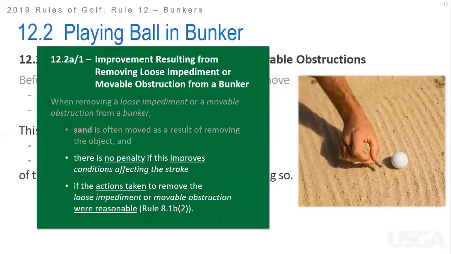Reasonable means that you did so with a lot of care and in a very unintrusive way. So make sure when you're removing these items, you're not dragging them or creating some type of ideal, perfect lie. If you do that, you'd be subject to 2 strokes penalty.